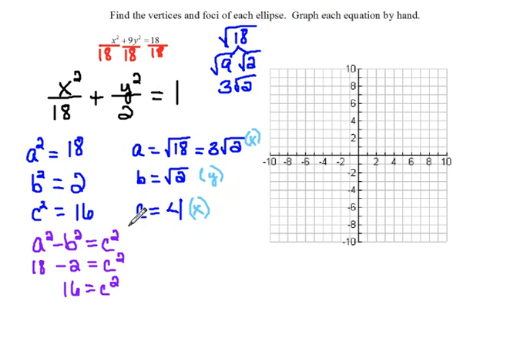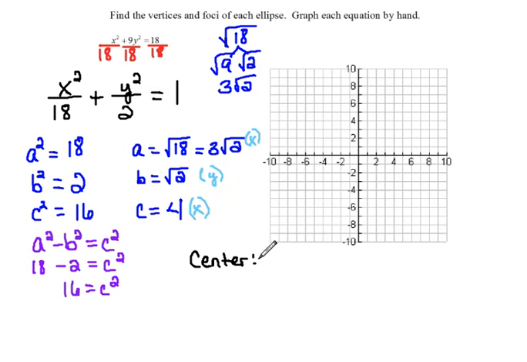Alright, so once we've done that initially, now it's time to start in graphing what we know and listing out all of our important things. Now I know that our original problem did not ask us for the center, but we always have to start from the center. That's really the most important part of the ellipse.